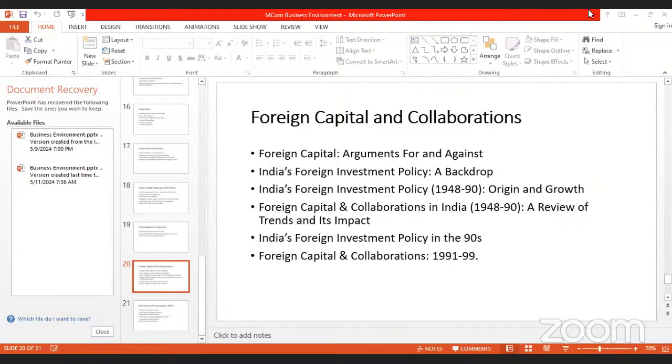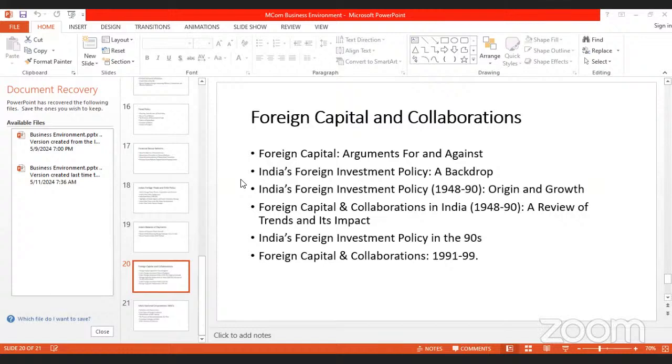So the next unit is Unit 19, that is foreign capital and collaboration. Under this, the very first thing to be discussed is foreign capital: arguments for and against foreign capital. Let's see the arguments for.